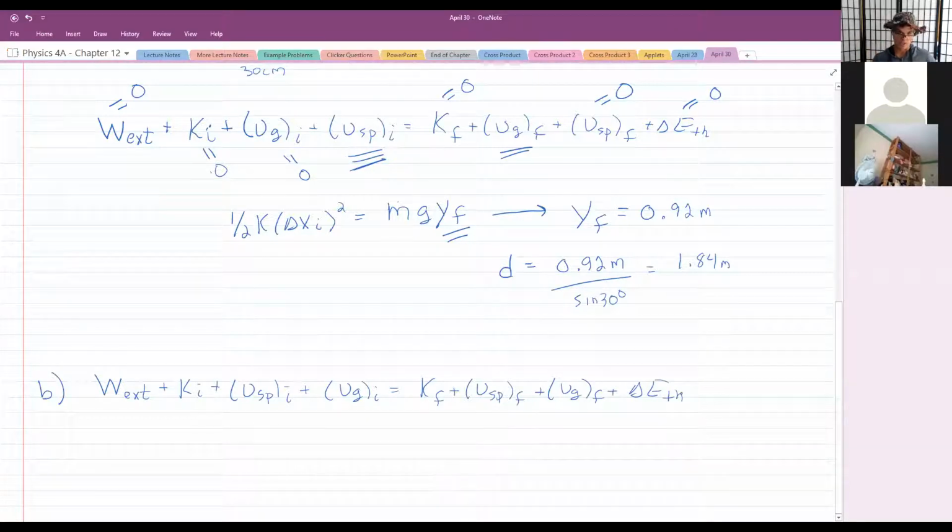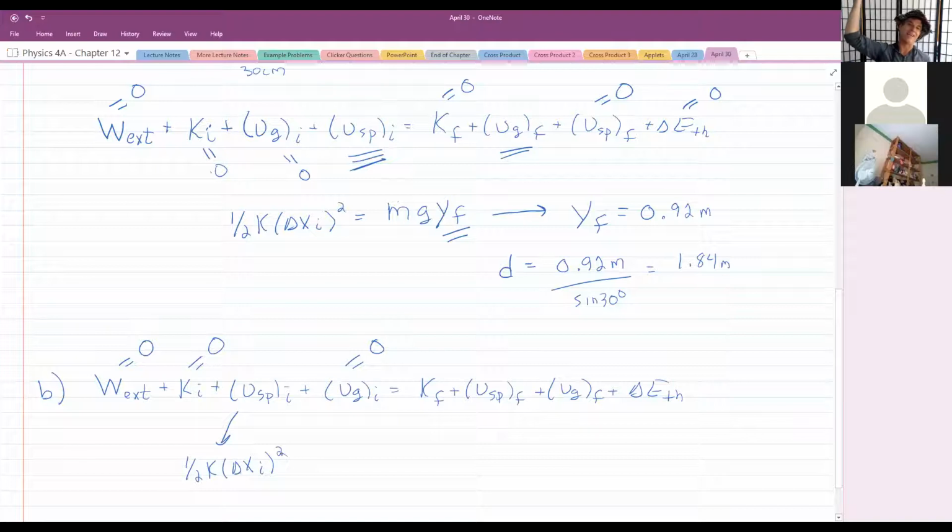Same situation, starting when the spring is compressed by 30 centimeters. So again, normal force is not doing any work. The ball starts at rest. I'm defining y equals 0 to be the elevation the ball is at to begin with. So initially, all of the energy is still just elastic potential energy, 1/2 k times delta x initial squared.